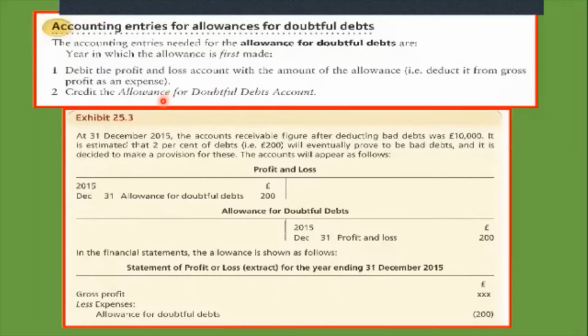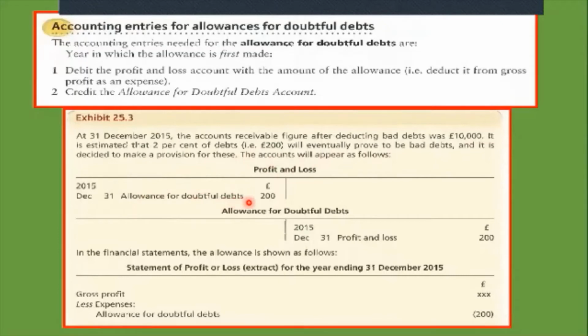Okay, so let's see an example here of how we do it. At 31st December 2015, the account receivable figure after deducting bad debts was 10,000. It is estimated that 2% of debts will eventually prove to be bad debts, and it is decided to make a provision for these. The accounts will appear as follows. You have a profit and loss account.